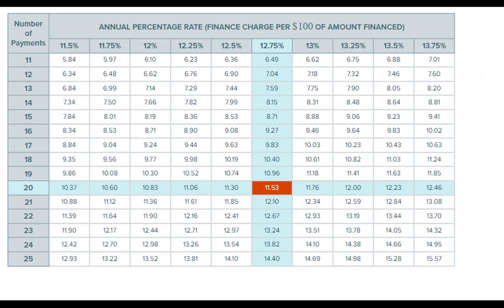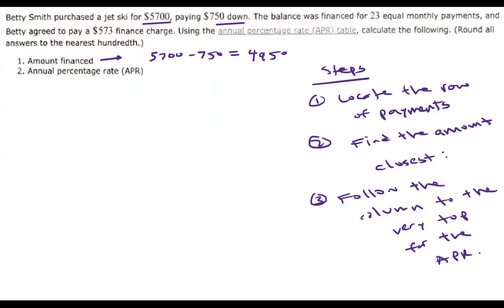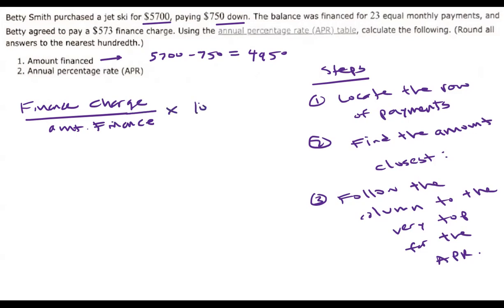All right, so first we need to find this 11.53, or this number here. To find this closest number, this is what we're looking for. We're going to take the finance charge, divide that by the amount financed, and then multiply that by 100.